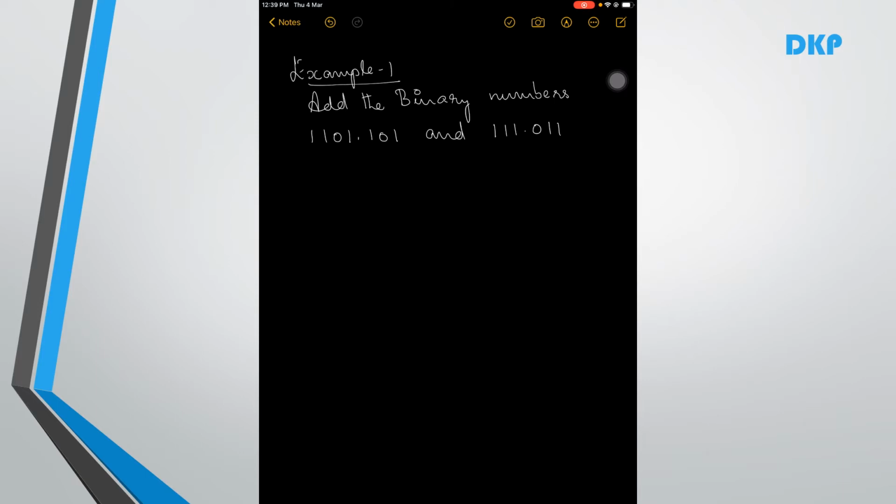Let us do an example. Add the binary numbers 1101.101 and 111.011. In order to solve this problem, you have to know the rule of addition. The rule of addition is 0 plus 0 equal to 0, 0 plus 1 equal to 1, 1 plus 0 equal to 1, 1 plus 1 equal to 0 with 1 carry.